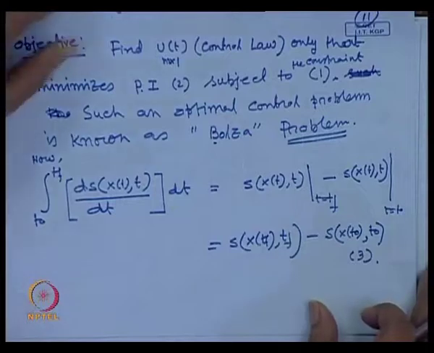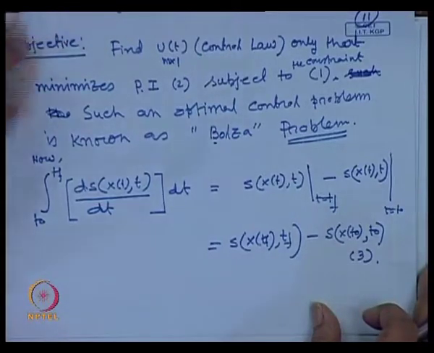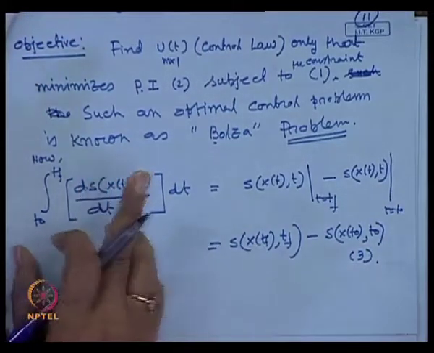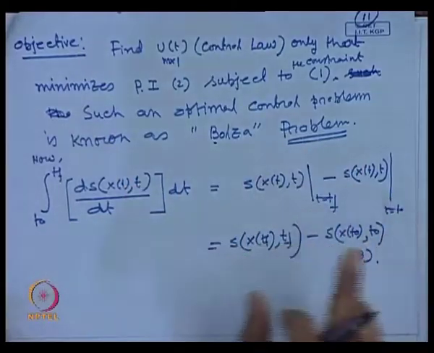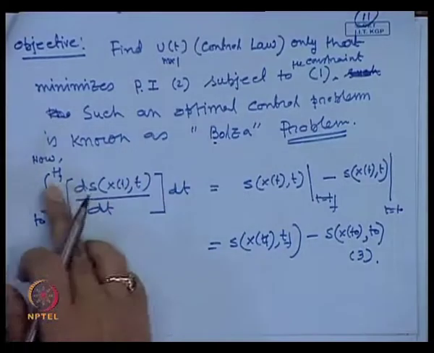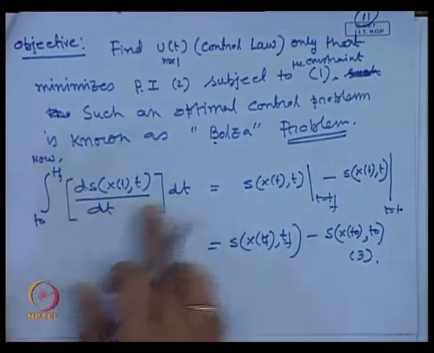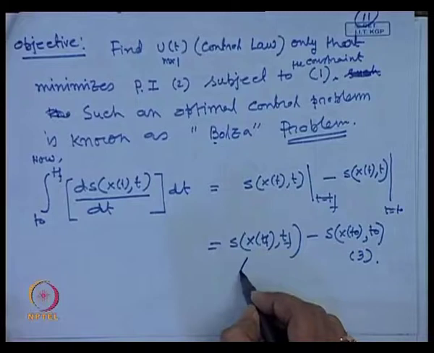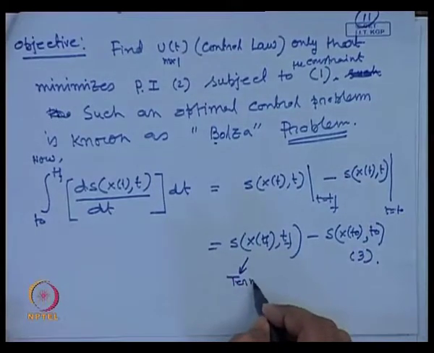So, what we did is that the terminal cost, we like to push into the integrand part of this performance index. So, this terminal cost, d s by dt, we can write in this form.